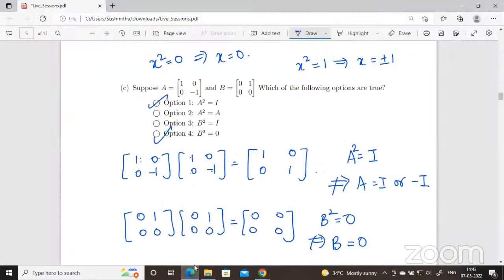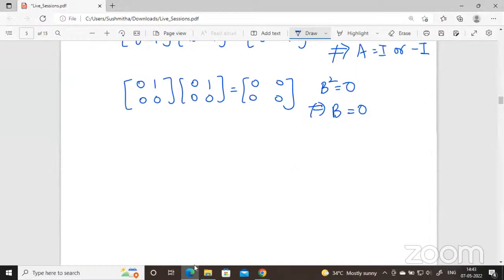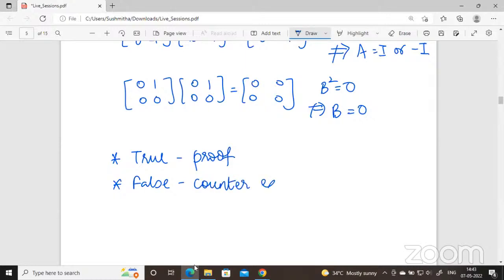Throughout the course, there is one thing that you should keep in mind. If you want to prove something, or say something is true, then you should give a proof. If you want to say something is false, it's enough if you give a counter example. If it's not true for even one example, the statement is not true, right?